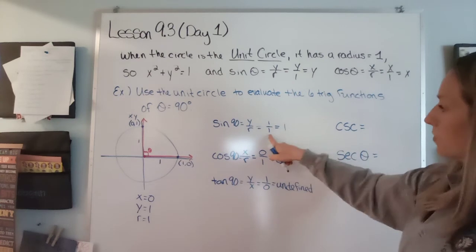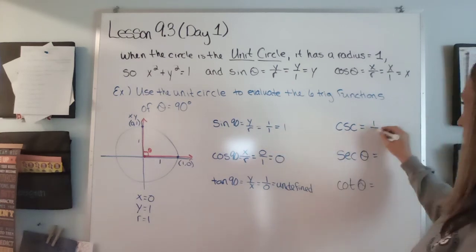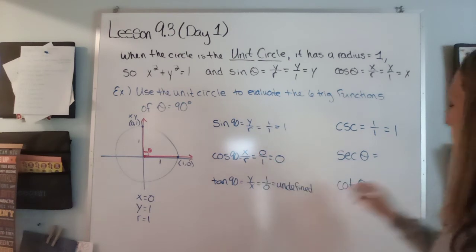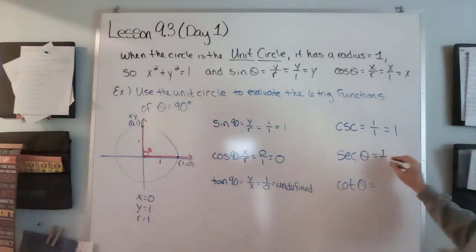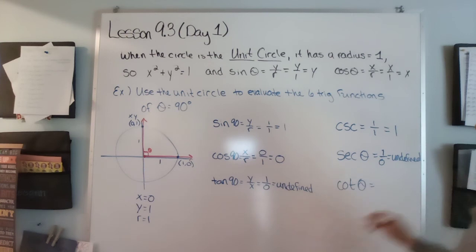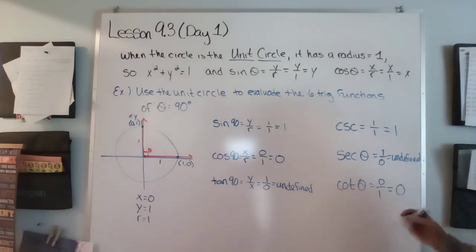So the reciprocal of 1 over 1 is 1 over 1, which still simplifies to 1. The reciprocal of 0 over 1 is 1 over 0, which is undefined, I should say. And then the reciprocal of 1 over 0 is 0 over 1, which simplifies to 0.